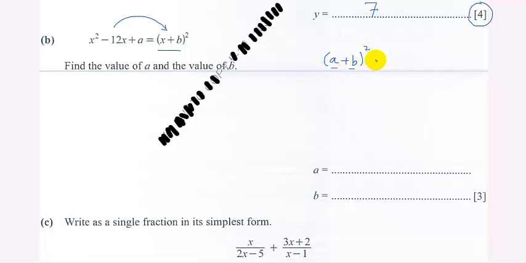When we open this identity, this square, it will become a square plus b square plus 2ab.